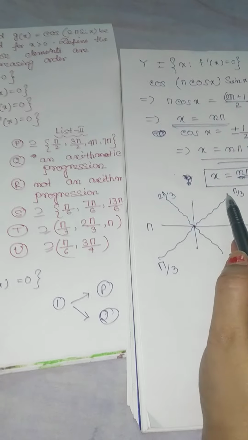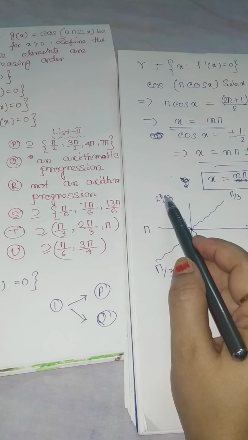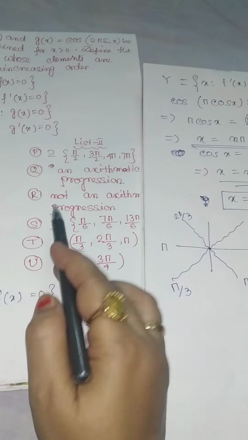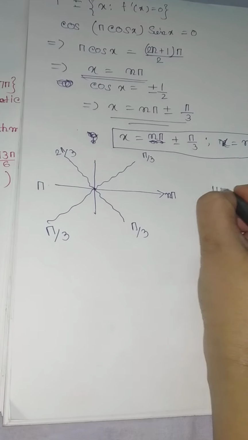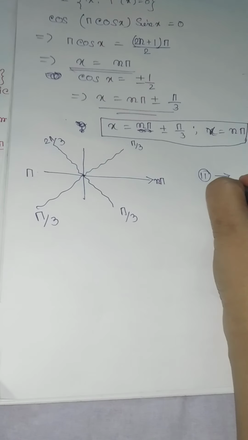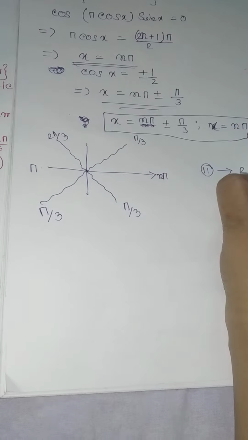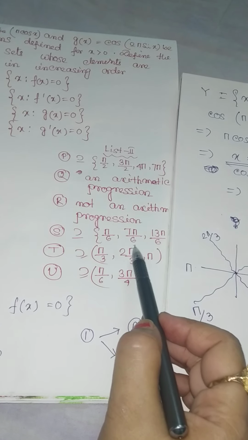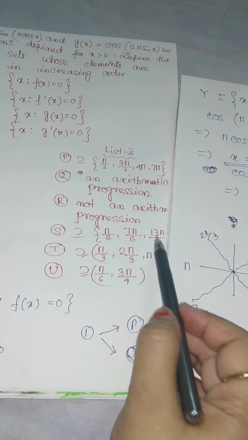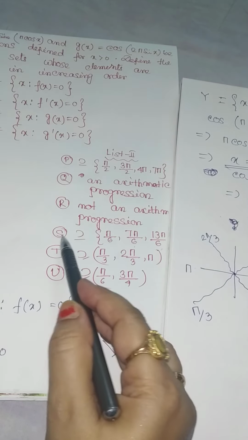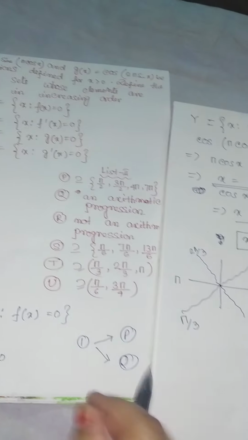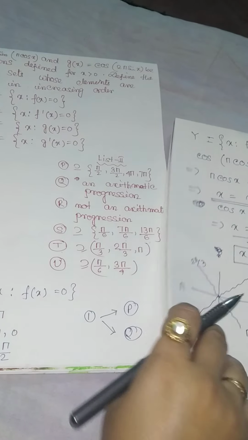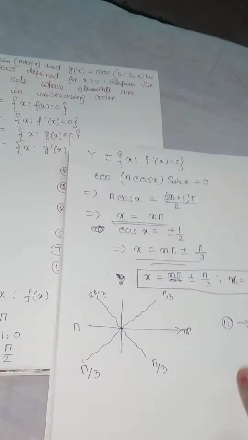No: π/3, 2π/3, π is not an arithmetic progression. Number 2 has the right choice, capital R, as a subset of {π/3, 2π, 13π/3}. S, T and U are not applicable with option 2.